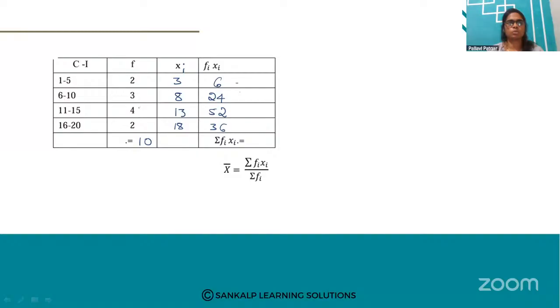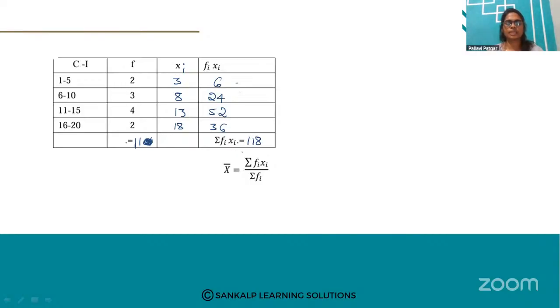2, 3, 4, 2. So 3 plus 2 is 5. 5 plus 4 is 9. 9 plus 2 is 11. So here this is equal to 11. So here summation fi xi is 6 plus 24 plus 52 plus 36 is 118.